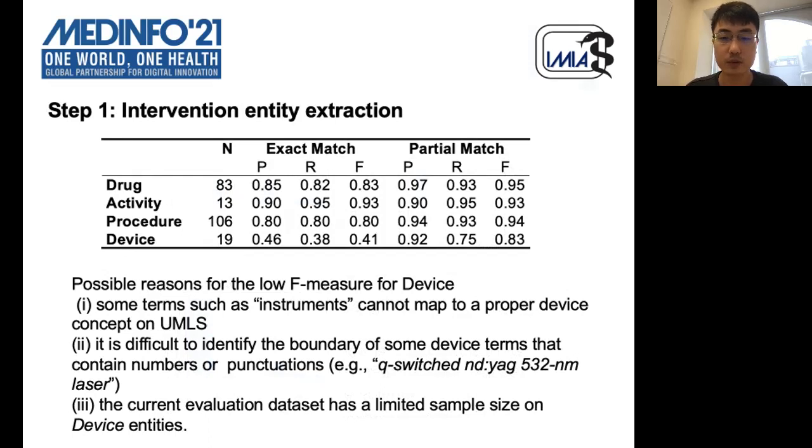There are several possible reasons. First, some terms cannot be mapped to a proper device concept on UMLS, and sometimes it is difficult to identify the boundary of some device terms, especially when they contain numbers and punctuations. And also, the sample size is relatively small on the device entities.